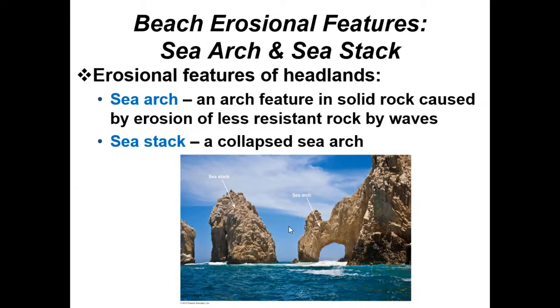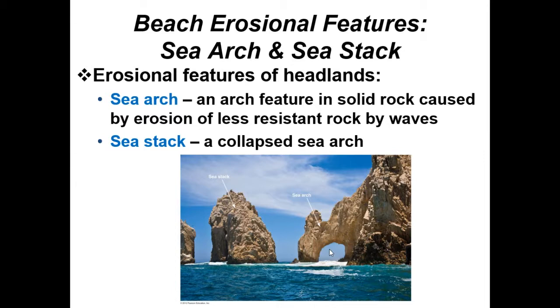Two other erosional features are typically associated with headlands. You see the arch, which is pretty self-explanatory. You get a weakness that results in erosion in this circular part of the arch. That could be for many reasons.